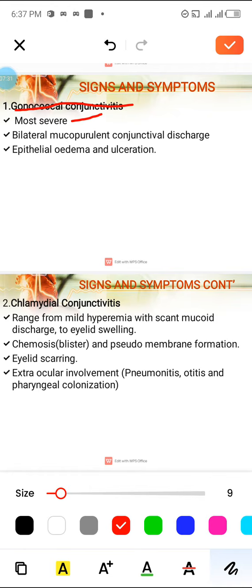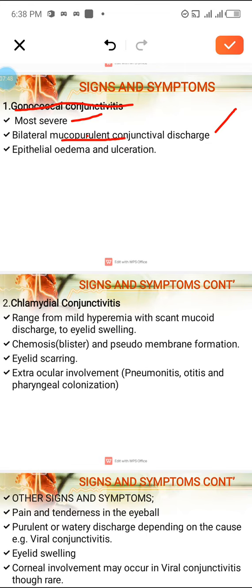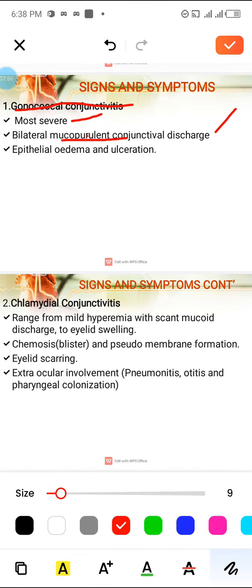The commonest is Chlamydia trachomatis. The most severe is gonococcal conjunctivitis, or that caused by Neisseria gonorrhea. So this will have what we call bilateral mucopurulent discharge. In short, you just have eye discharge in both eyes. Mucopurulent meaning whitish eye discharge from both eyes. That's what you're going to have.